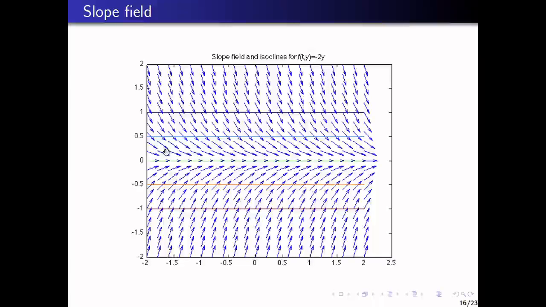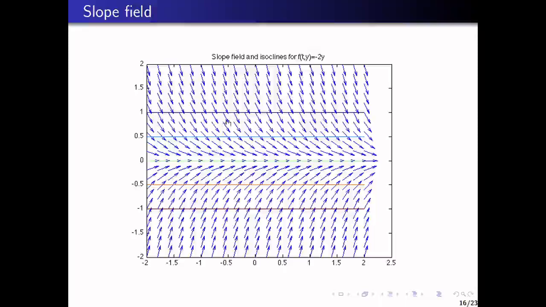Again, now you can choose another value of y, let's say 0.5. Then dy/dt comes to be -1. And so we draw arrows all along these points where y is equal to 0.5, and the slope of those arrows is taken to be -1.